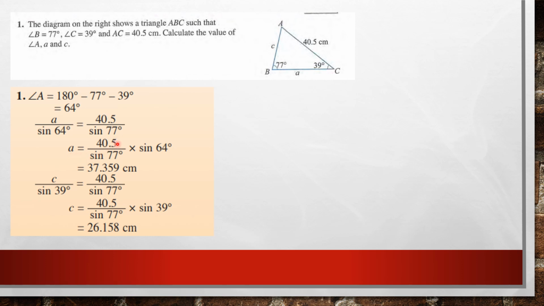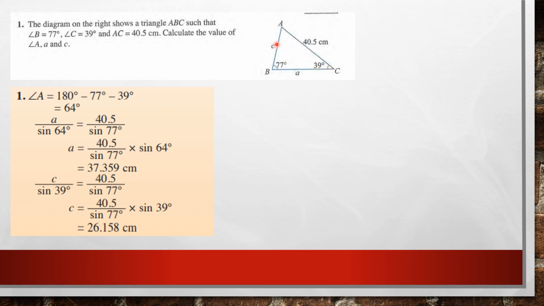So a equals 40.5 over sine 77 multiplied by sine 64. So you get a equals 37.359.